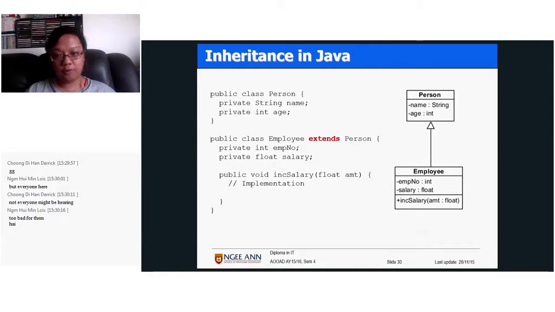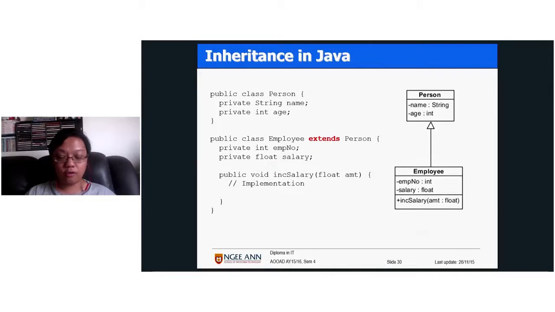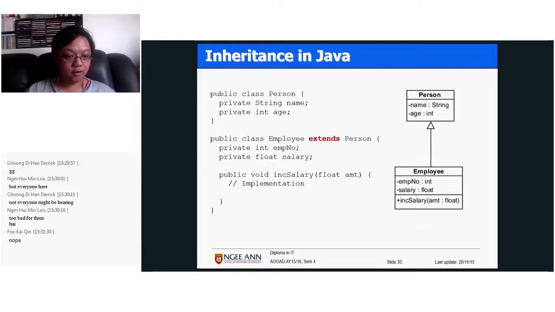So public class employee extends person. Then after that, Java will automatically inherit everything for the employee, and you just define the employee as per normal. Simple, straightforward. Any questions? Okay, I assume no questions.